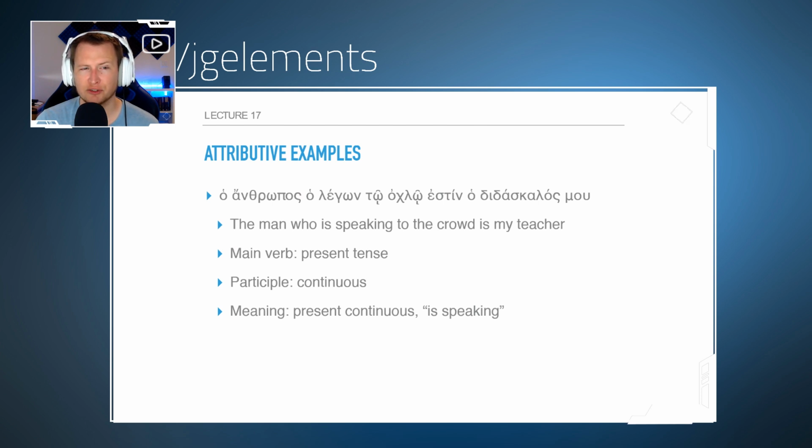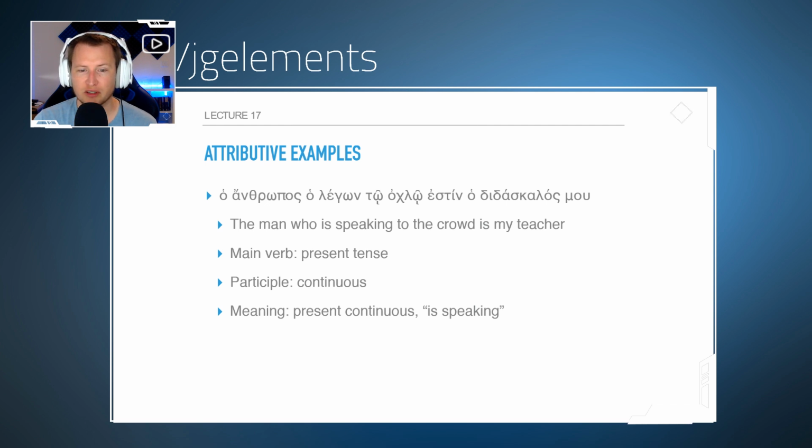Here's an attributive example real quick. O anthropos o legon to ochlo estin o didaskalos mu. Here it's the man who is speaking to the crowd is my teacher. The main verb is present tense, is, estin. The participle is continuous, o legon.